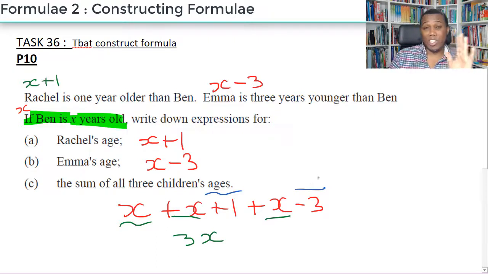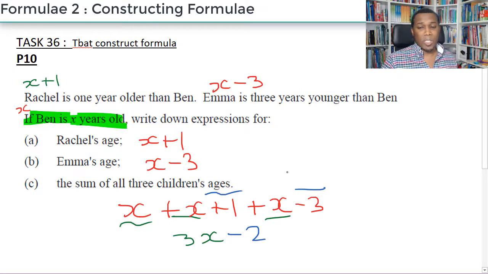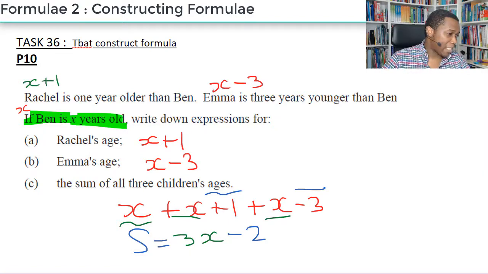On the number line, I start at 1, I take away 3, I will get down to minus 2. So the sum of all their ages, which we can call S, is equal to 3x take away 2. And that is it for task 36, constructing formula.